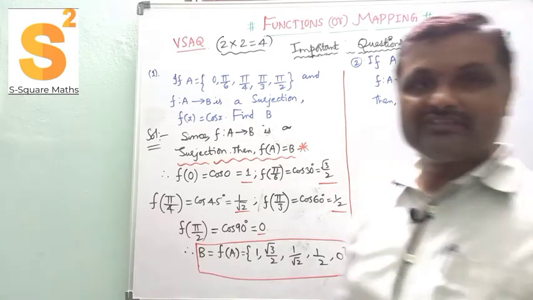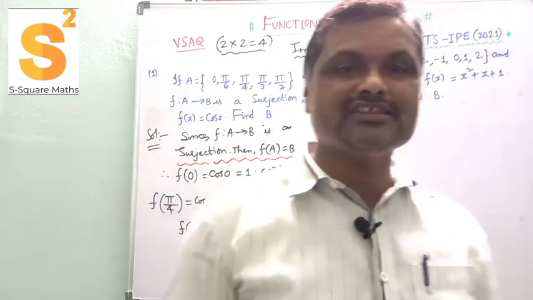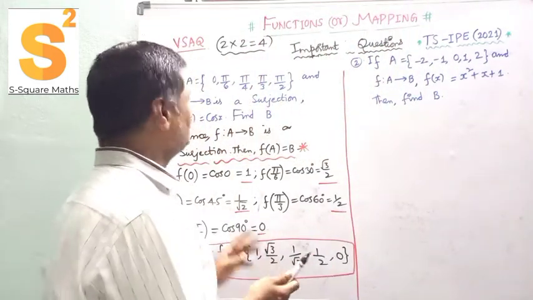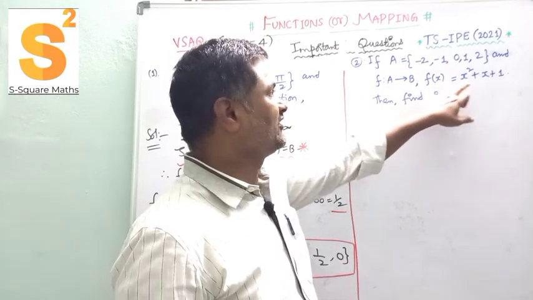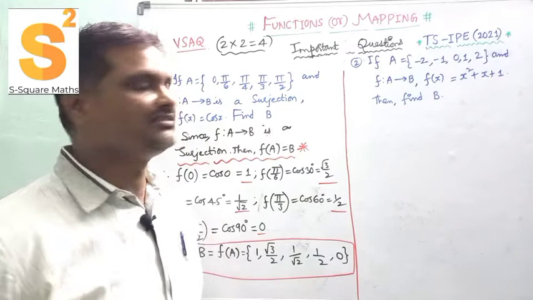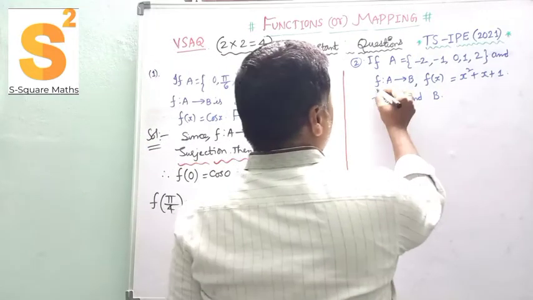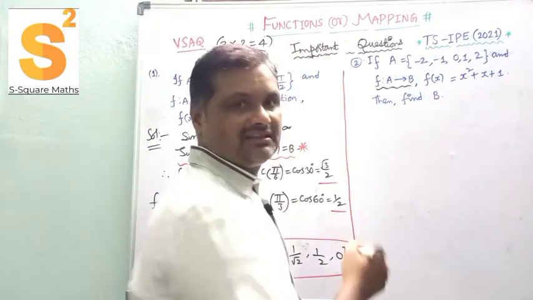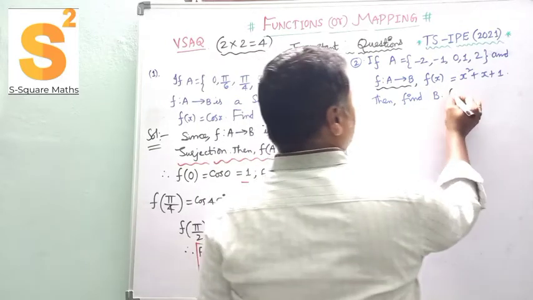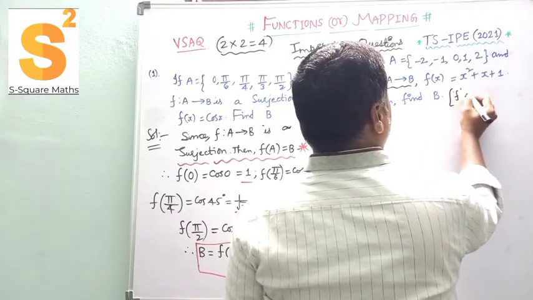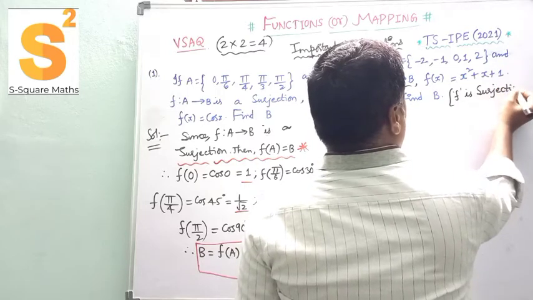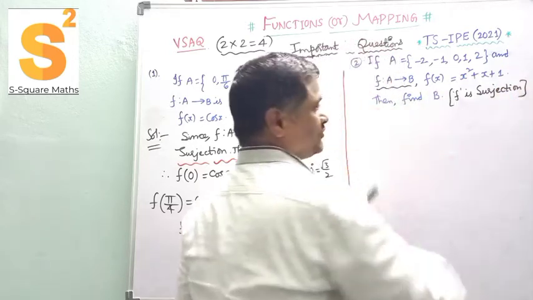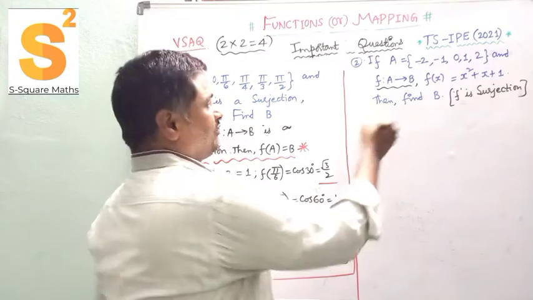One more question we will discuss regarding 2 marks questions, again a problem related to f maps A to B. f of x is equal to x square plus x plus 1. Given that f maps A to B is a surjection, that is missed in the question, so rectify it.